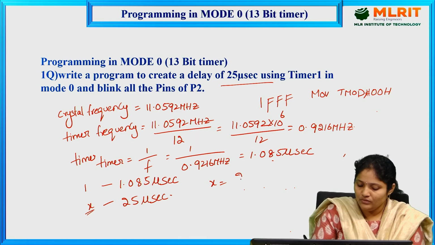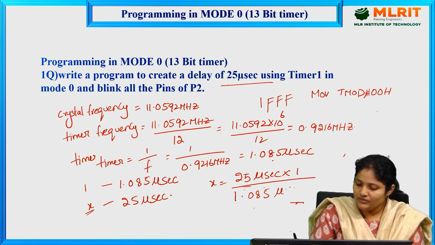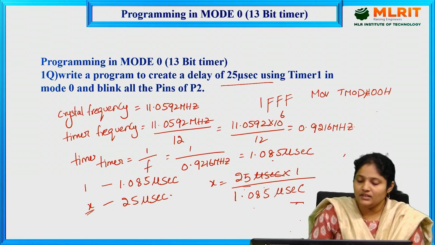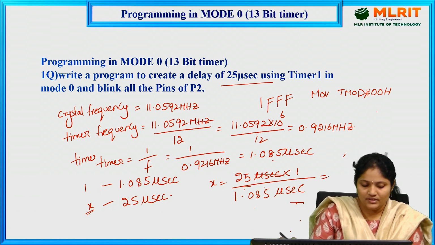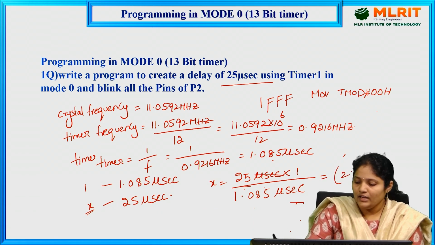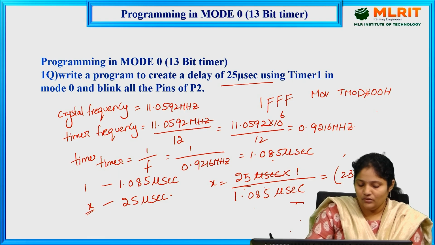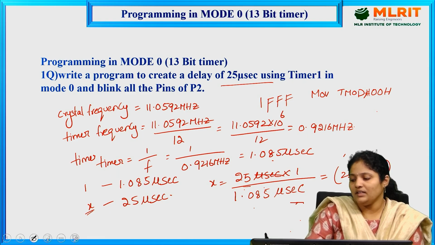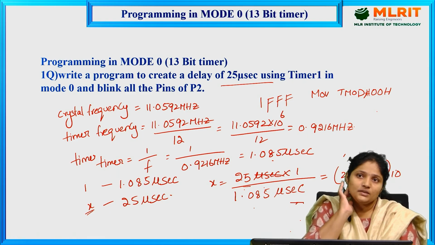X equals 25 microseconds into 1 by 1.085 microseconds. So these microseconds will get cancelled. And the value over here is 23.0414.